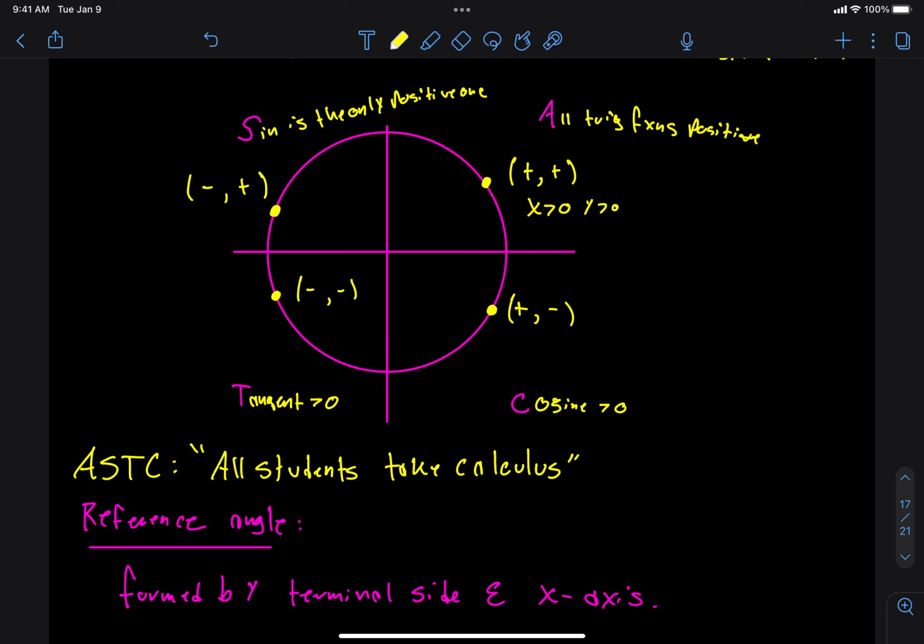So what do we do when we are tasked with finding secant of 59 pi over 6?